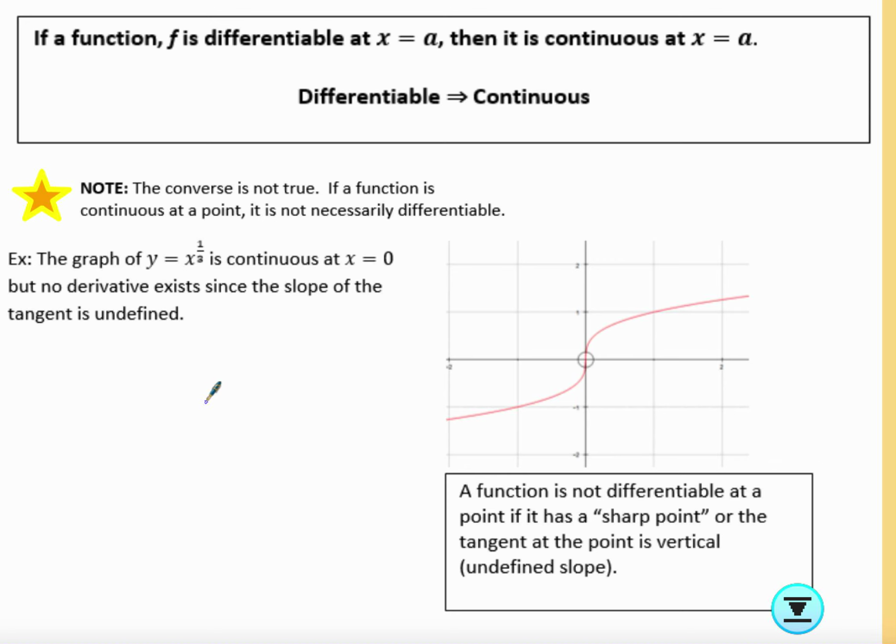So we are definitely continuous. However, this function is not differentiable. This derivative, the slope here, is undefined, so it's not differentiable. At the point where x is equal to 0, we have a vertical line slope.